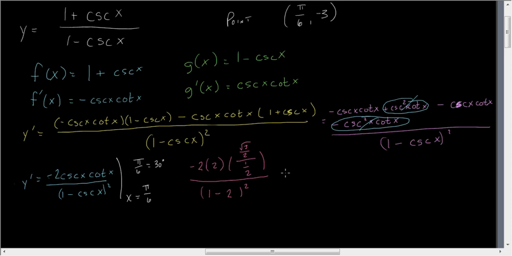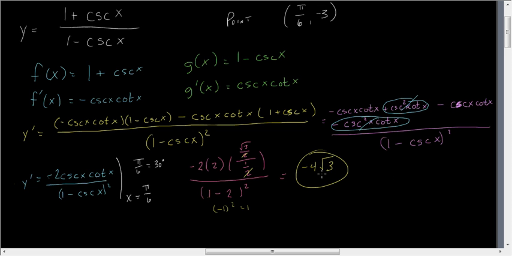All right, now in this case, what is on the bottom comes to the top, and so that cancels, and I'm left with negative 4 root 3. 1 minus 2 is negative 1. That quantity is squared, which is 1, and so there's my answer.